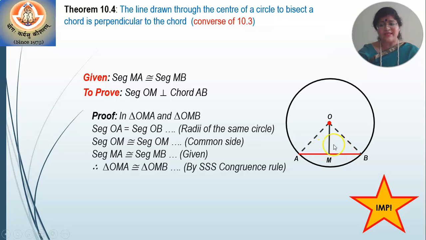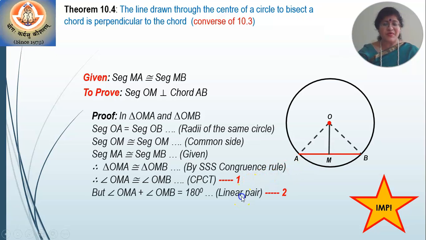Likewise, these two angles, that is OMA, will be congruent to OMB. So therefore, angle OMA is congruent to angle OMB because of CPCT. Now, they are the corresponding parts of congruent triangles. But at the same time, these two angles, don't they form angles in a linear pair? Their total is 180 degrees. So that is what you will write.